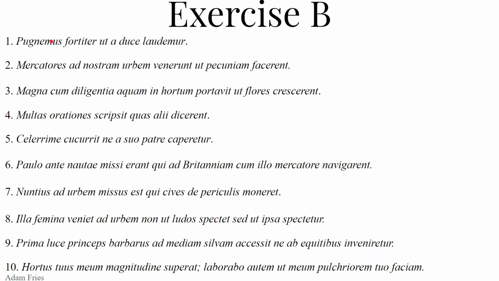It should be present subjunctive because we're in primary sequence. It is laudemur. So not laudamur, that would be indicative, but the present subjunctive laudemur. So first person plural, present passive subjunctive of laudo, laudare, laudavi, laudatus, to praise. So that we may be praised by the leader.